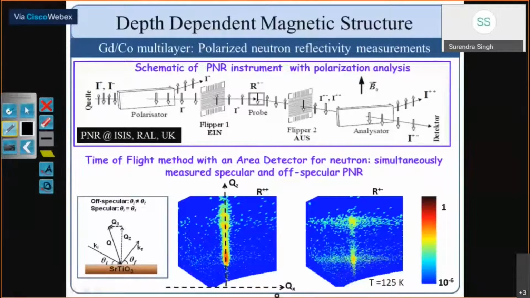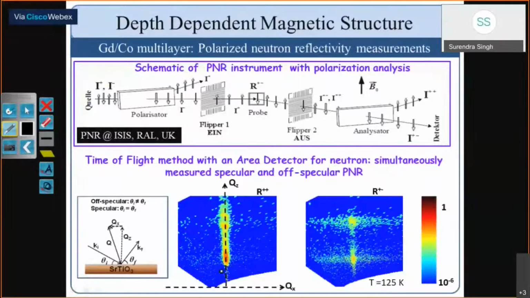This plot is nothing but a QX-QZ map: along the X direction is QX, along the Y direction is QZ. At QX equal to 0 we have only QZ, so the specular reflectivity is the intensity at QX equal to 0 as a function of QZ.